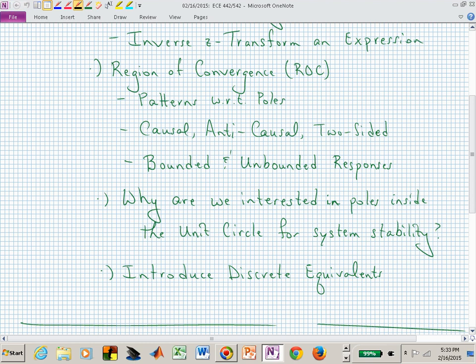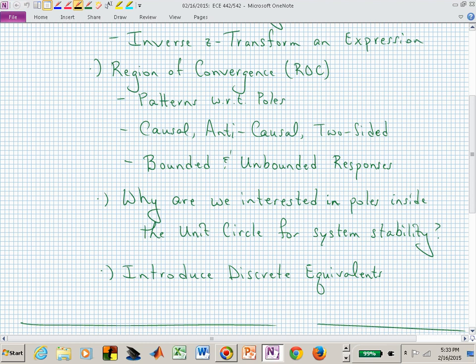What do we know about the poles in the Z-plane relative to the region of convergence? Where do the poles live relative to the region of convergence in general? What's a general statement that you can make?